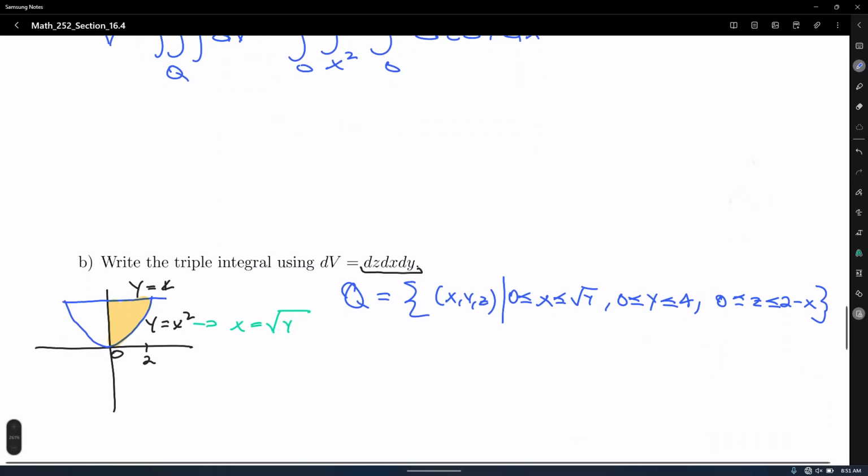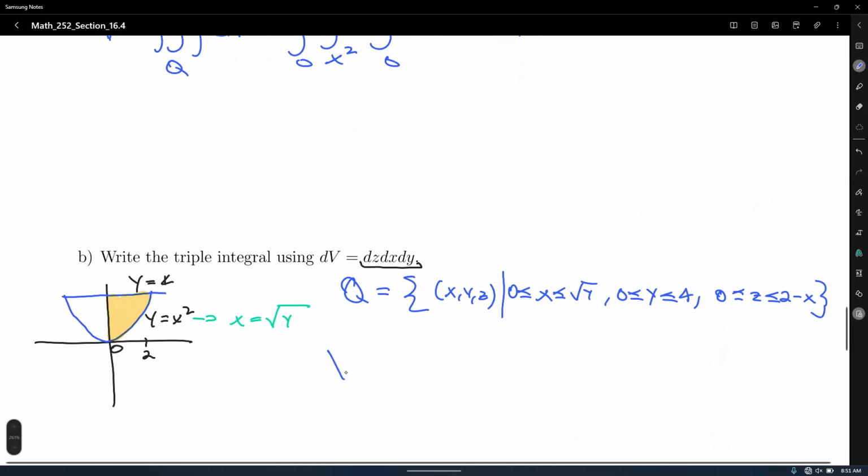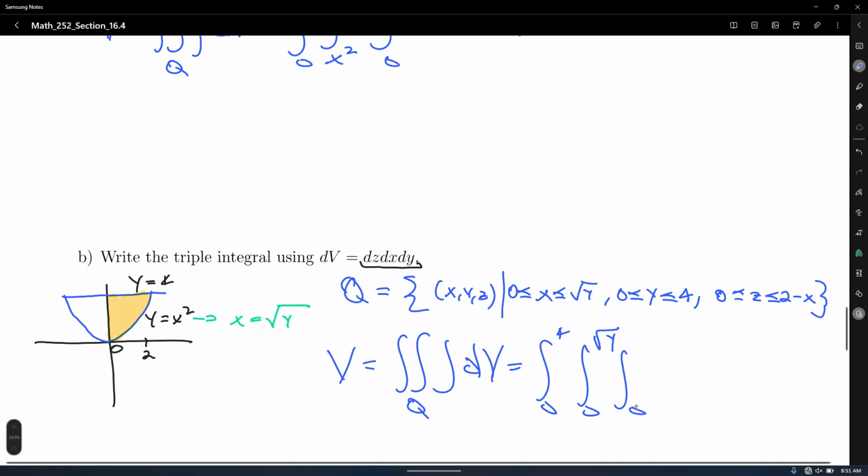Let's just rewrite the triple integral for volume. That is the triple integral over the region Q dV, the integral from 0 to 4, from 0 to root of y, and from 0 to 2 minus x dz, but we're no longer going to do dy dx, we're going to do dx dy.